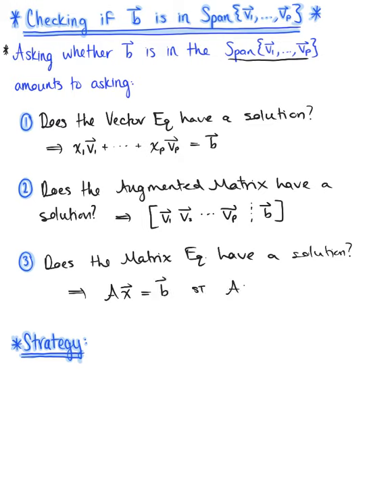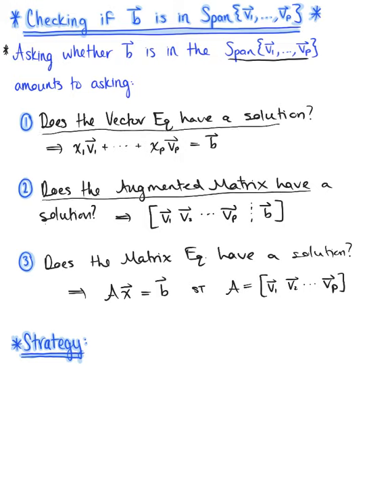And this, of course, is such that matrix A is defined by the column vectors v sub 1, v sub 2, all the way to vector v sub p. So if the vector equation has a solution, or the equivalent augmented matrix has a solution, or if the equivalent matrix equation has a solution, then yes, vector b is in the span of that set of vectors.